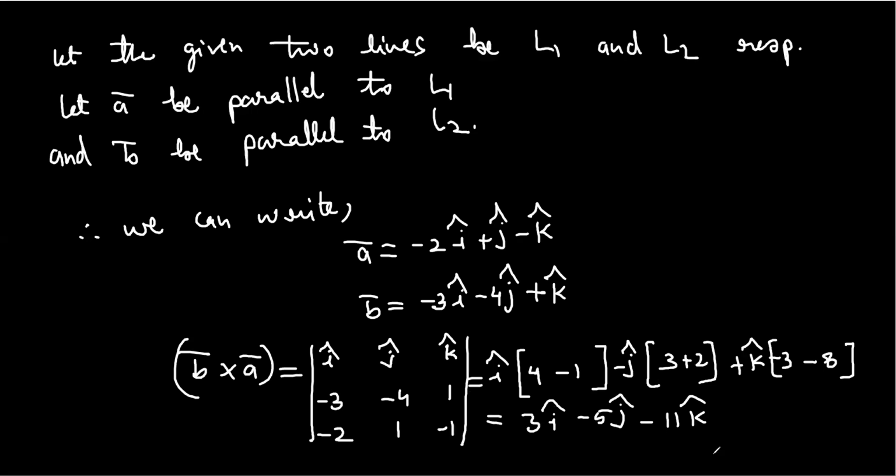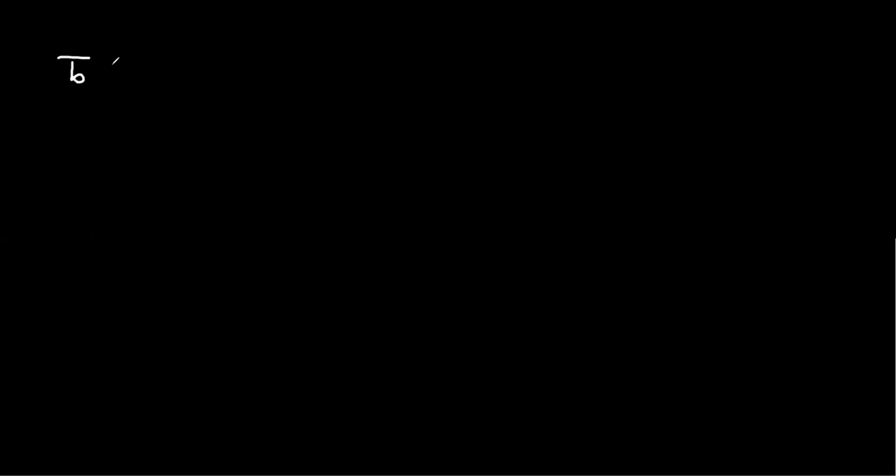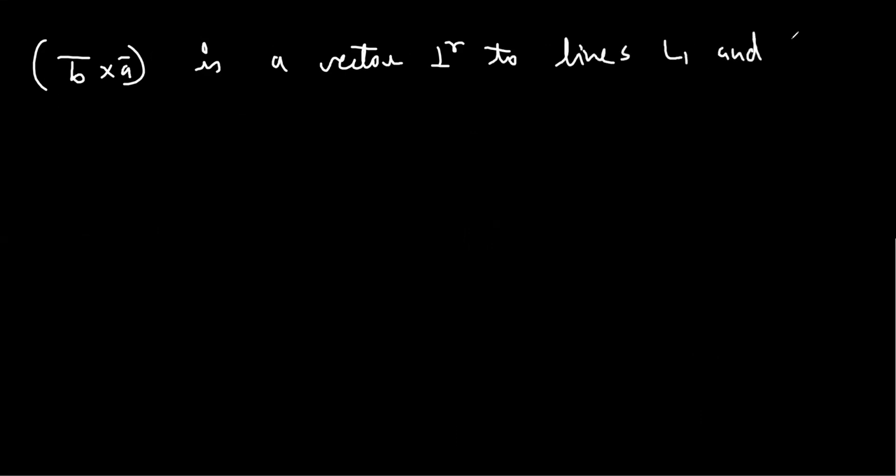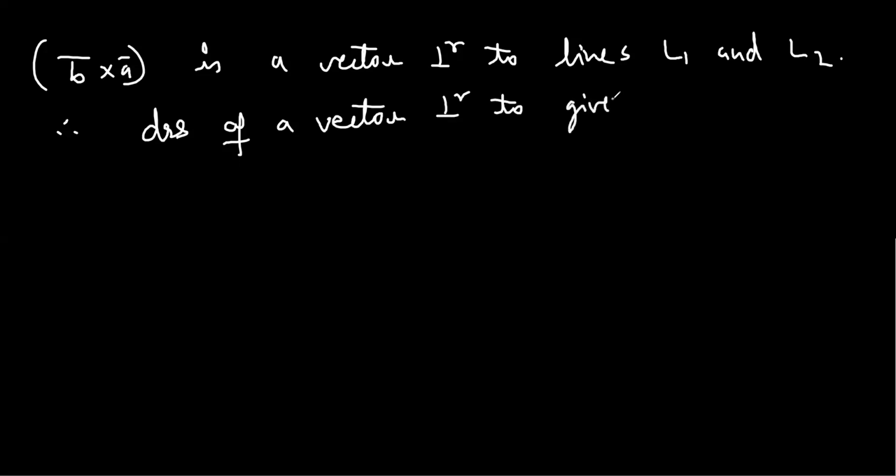And what is this B bar cross A bar? B bar cross A bar is a vector perpendicular to lines L1 and L2. Therefore, the DRs of a vector perpendicular to the given lines are, what are those DRs?